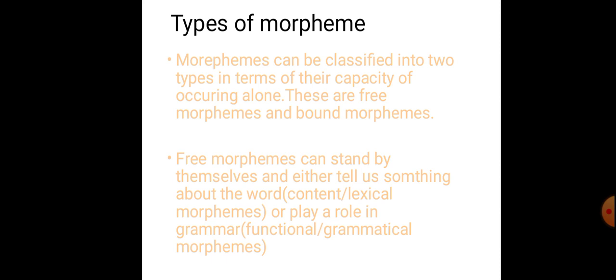There are types of morphemes. Morphemes can be classified into two types in terms of their capacity of occurring alone. These are free morphemes and bound morphemes. Free morphemes can stand by themselves and either tell us something about the word or play a role in grammatical function.